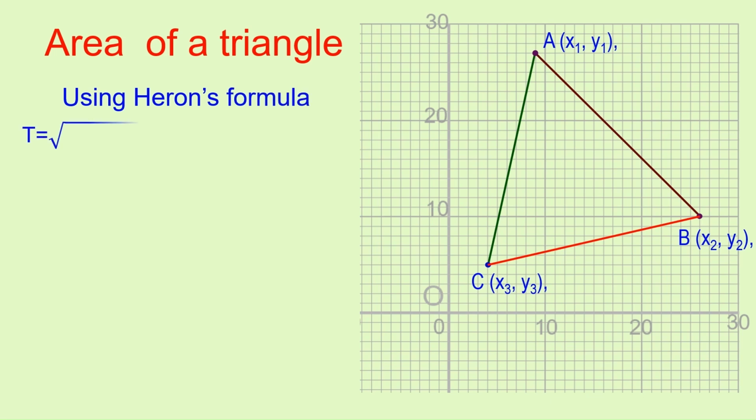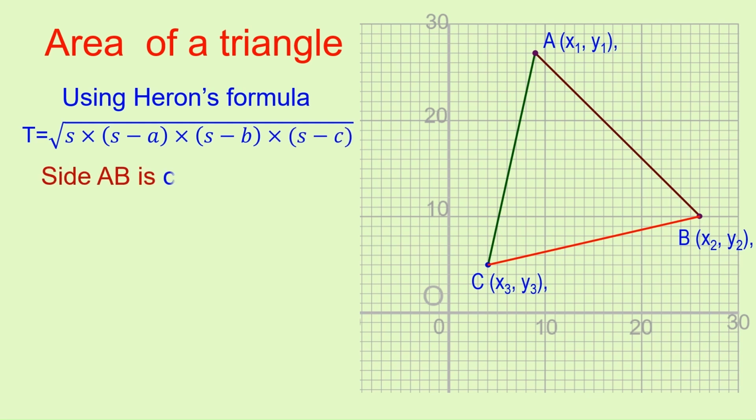Using Heron's formula, area T equals square root of s times (s minus a) times (s minus b) times (s minus c).